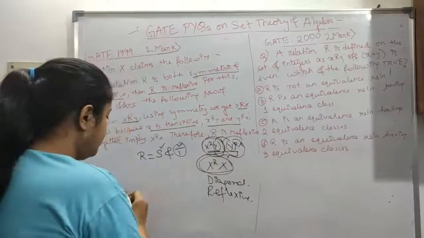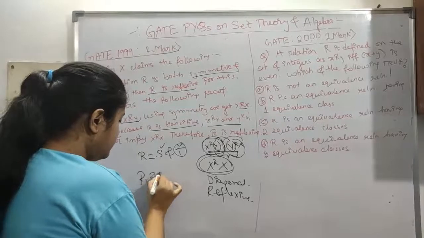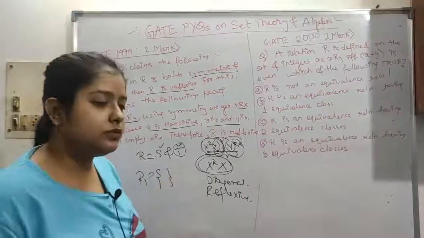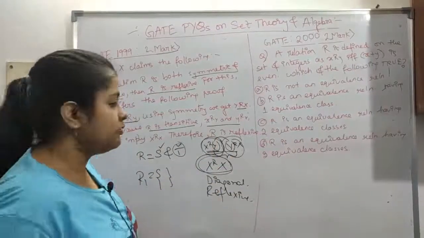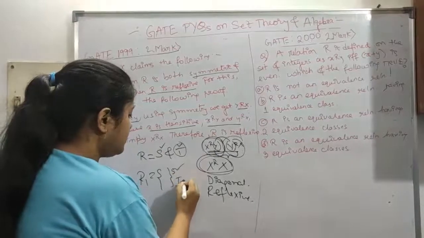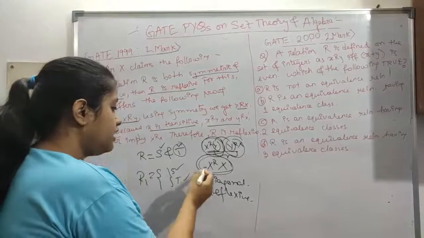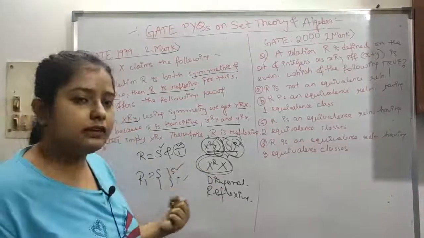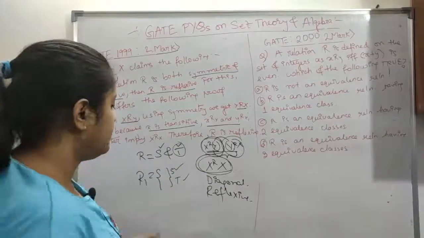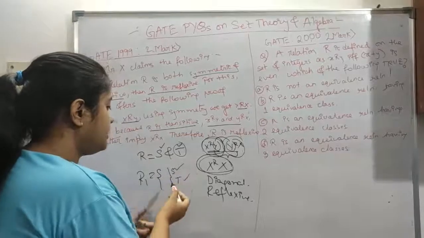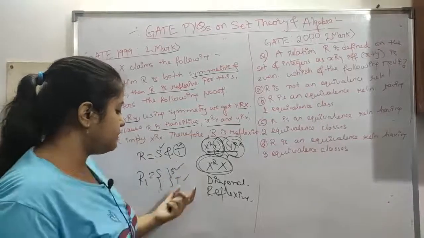What if the relation R1, let's say, is the empty set, where nothing is present? It is both symmetric and transitive. It is not reflexive, because reflexive requires the diagonal elements to be present, but the null set is there. It is already symmetric and transitive.